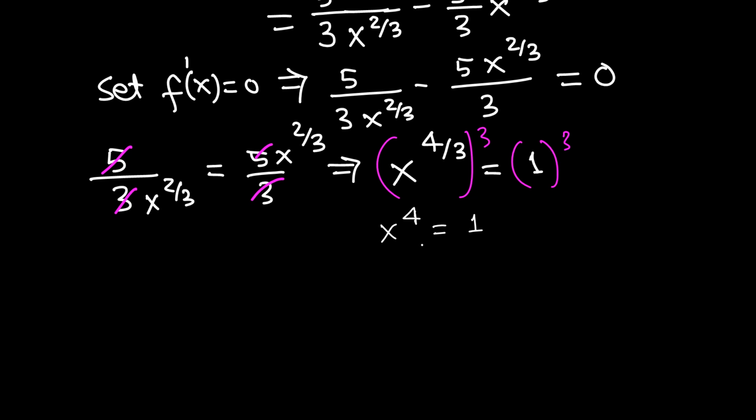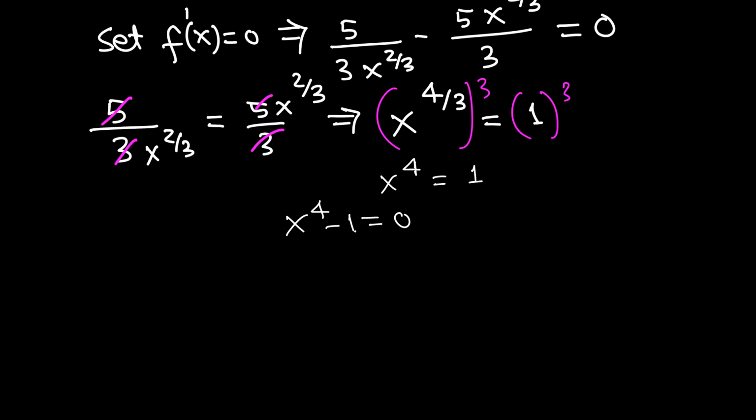That's not the only x value. Okay, so we need to do some more. Subtract 1 from both sides, we get x to the 4th minus 1 equals 0. Now we can factor x to the 4th minus 1, which is x squared squared minus 1 squared. So we're going to use the difference of two squares, u minus v, u plus v.